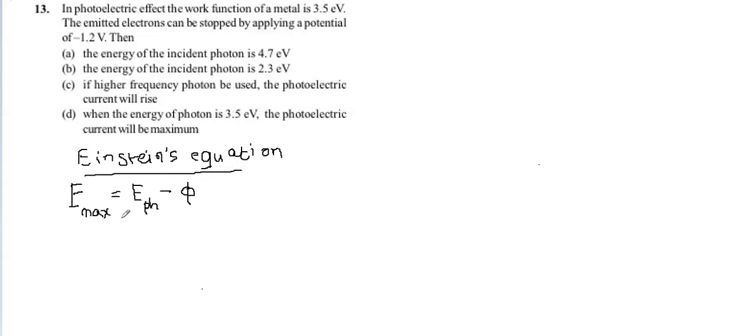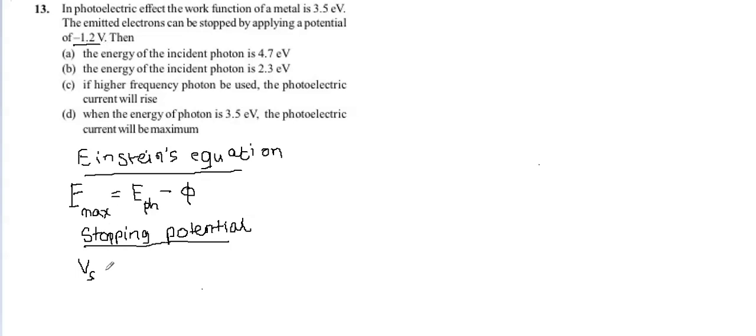So this is the first concept. Second concept is the concept of stopping potential. Now stopping potential, let's call it Vs, is the potential which is to be applied in negative direction. So that's why we have negative here.